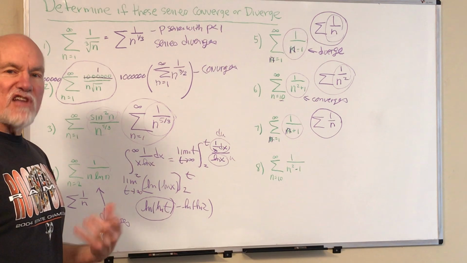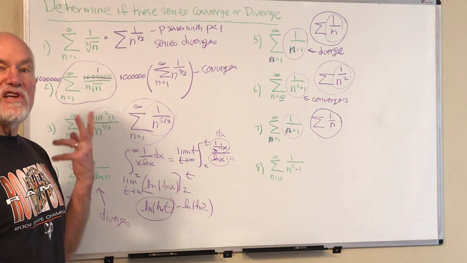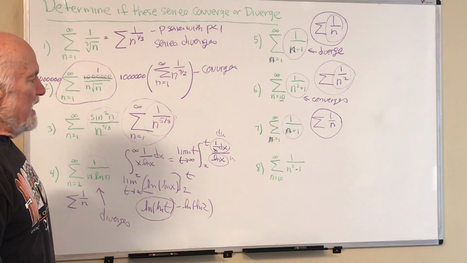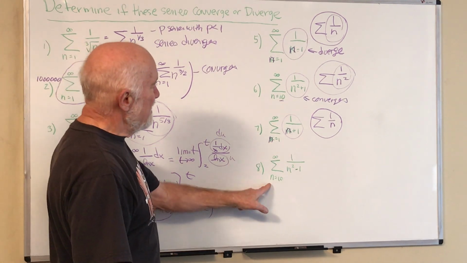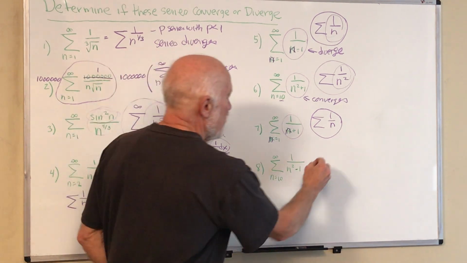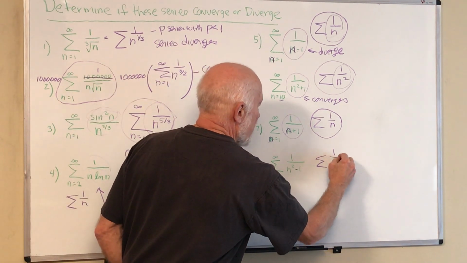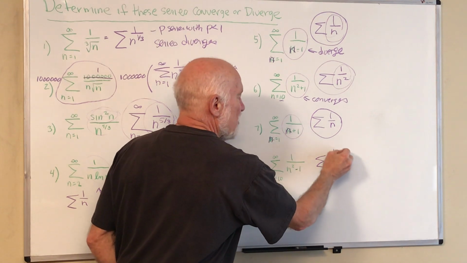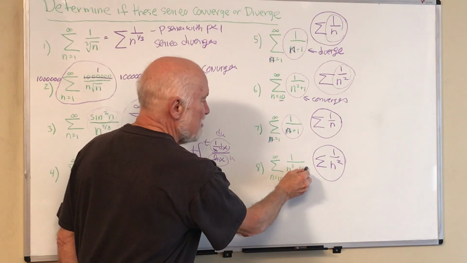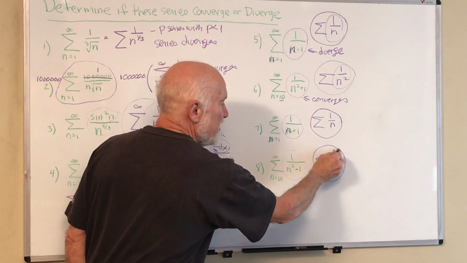So we're kind of stuck at this point. We don't really know one way or another. And similarly, I can't really compare this one to 1 over n squared because this converges by the p-series test, but these terms are bigger than these terms.